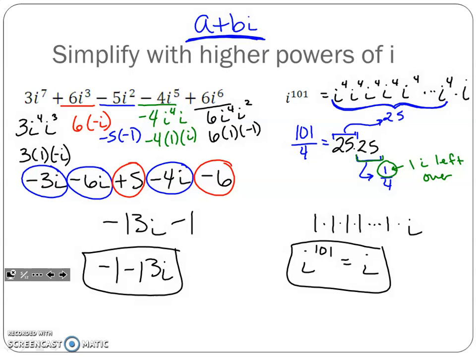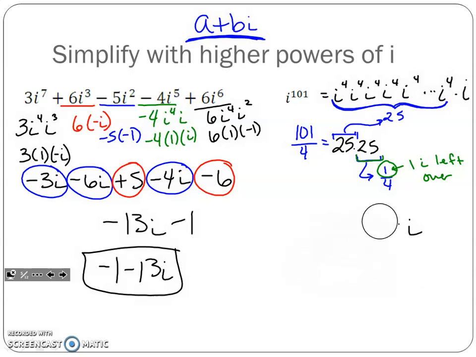I could do the same thing. Say that I'm trying to figure out what i to the 38th is. Well, what's 38 divided by 4? It gives me 9.5. So in i to the 38, there are really 9 i to the fourth.